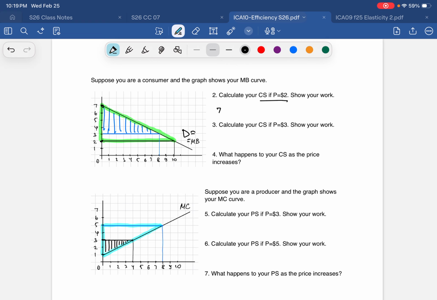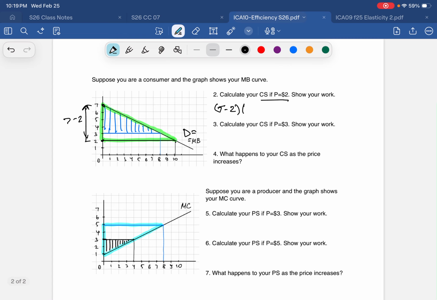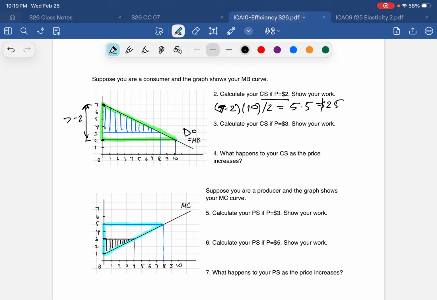So height in this case is 7 minus 2, right? So this distance, so 7 minus 2, which is 5, times base, which is in this case 10. That's 7 minus 2 times 10. Don't forget to divide by 2. So you get 5 times 5, so it's 25. Well, $25, because surpluses are measured in dollars.